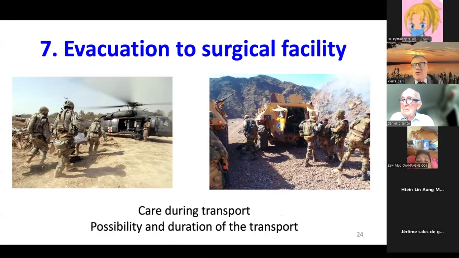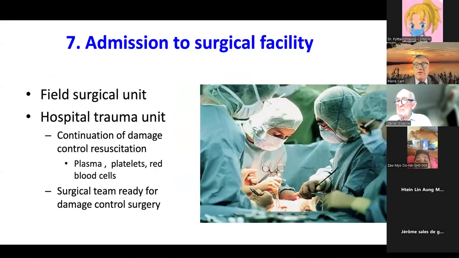So that means you have to provide care during transport, and the possibility to make the transport as short as possible. I say the possibility because it's not always possible to do that. And we'll see the impact of that on the fact that you have to deal with the tourniquets and the duration of the tourniquet.